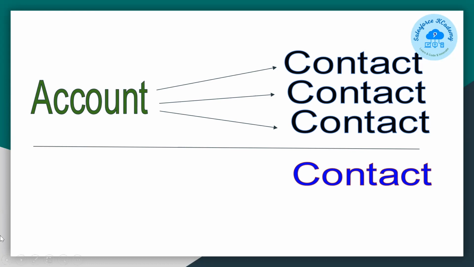Oh, okay, if I delete this account, these contacts will be deleted. That should not be the case, because this is account one. Now, these contacts can be used in another account, right? Suppose you are doing business with the Hyderabad branch of Pantaloons and the Mumbai branch of Pantaloons. Now, there may be at least one contact in common, right?